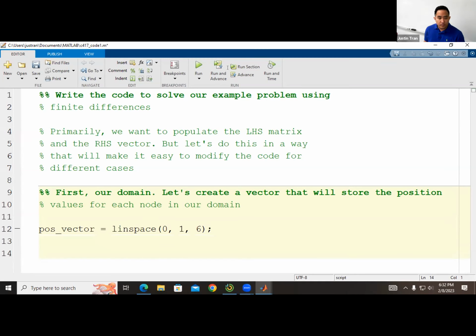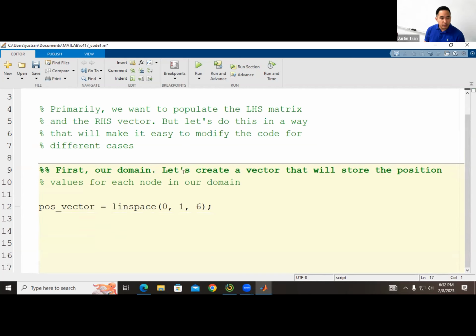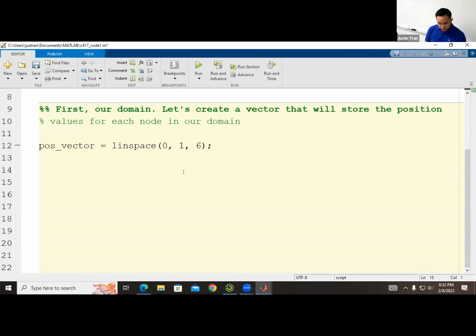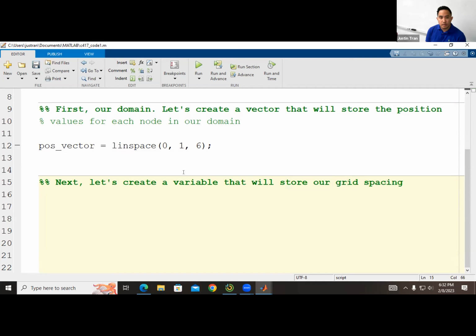Okay. So next, let's create a variable that is going to store our grid spacing. All right, and so I'll call this value dx. And so this is going to be a fairly simple case. Okay.